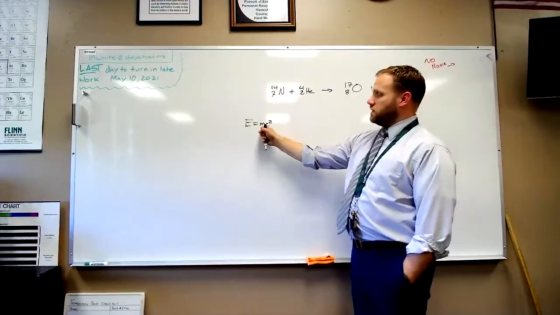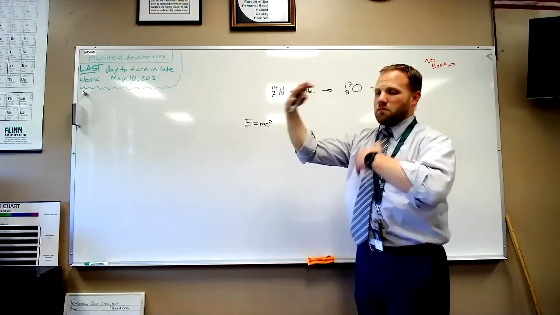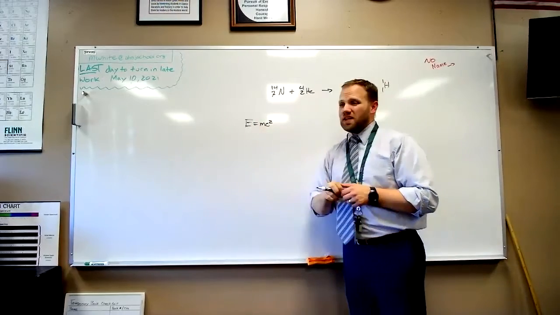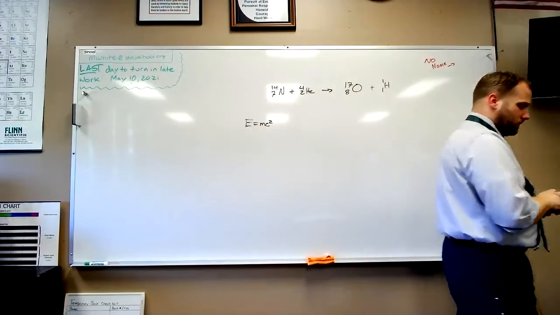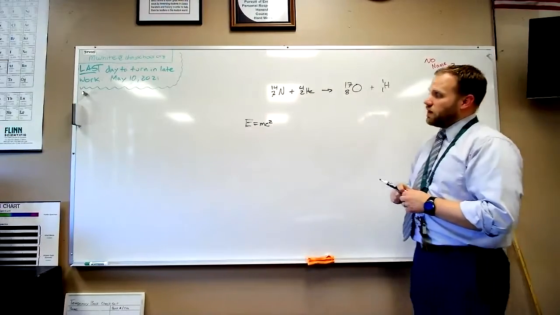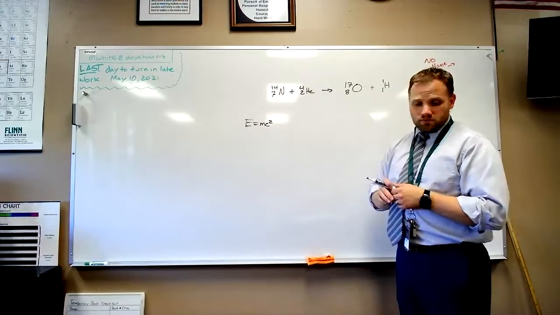Now the m, that's mass. Okay, so this is how we are bringing mass into the equation. E, well, that's energy. And then c is the speed of light. We use c because light in a vacuum is a constant.